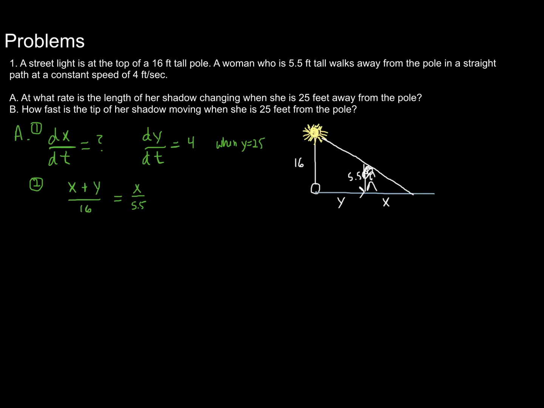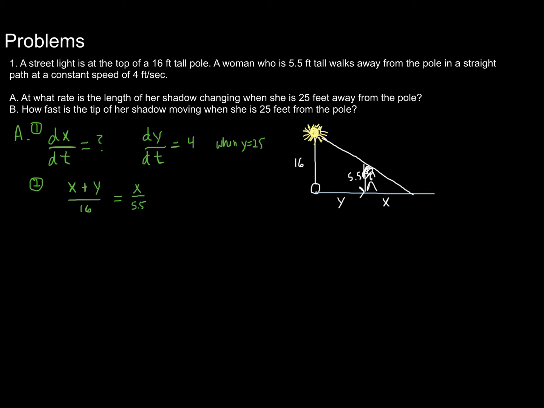Okay, so based on that, I have an equation now. 16 is the vertical side length of my larger triangle, and that ratio between those two side lengths has to be the same as the ratio between the corresponding side lengths of the other similar triangle. So the horizontal side length of that smaller triangle is x, and the vertical side length of that triangle is 5.5.